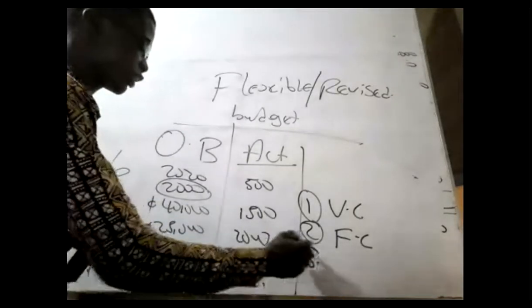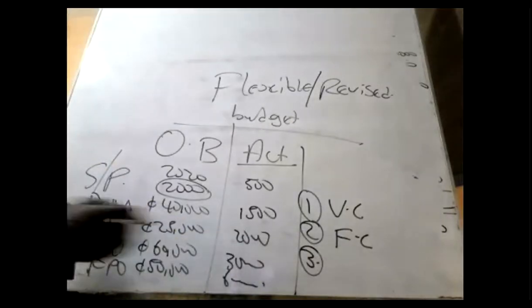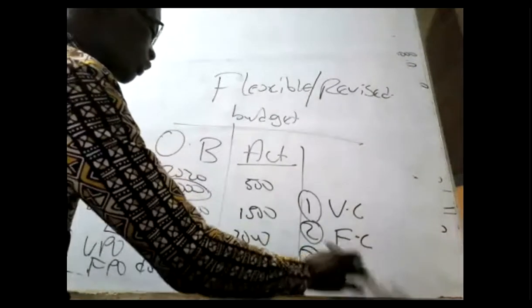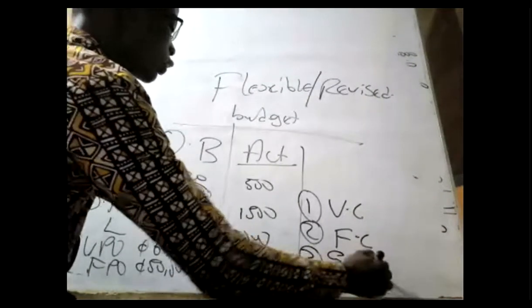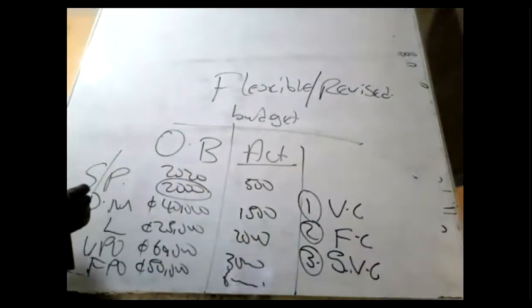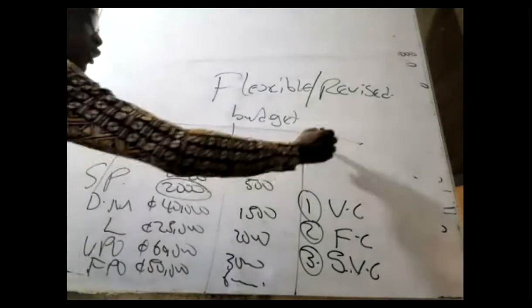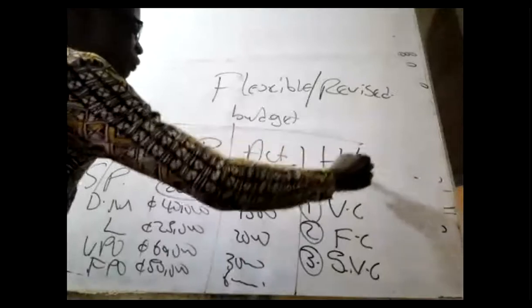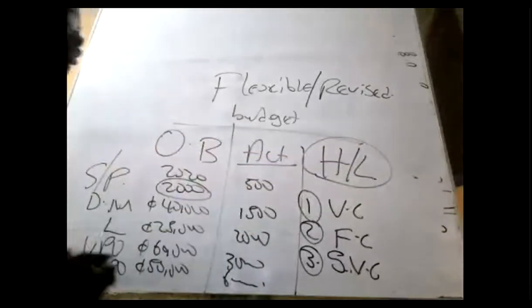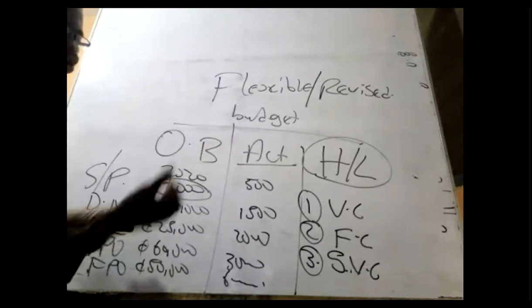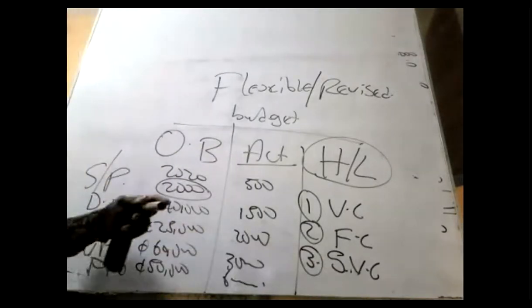Rule number 3, if there is semi-variable cost, a cost which is partly fixed and partly variable, kindly use the high and low method to separate the variable cost from the fixed.